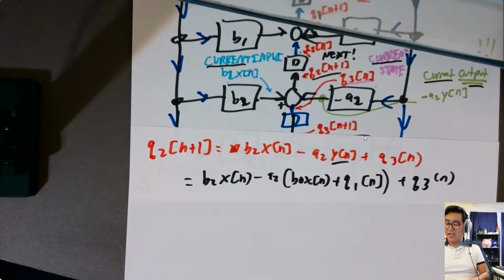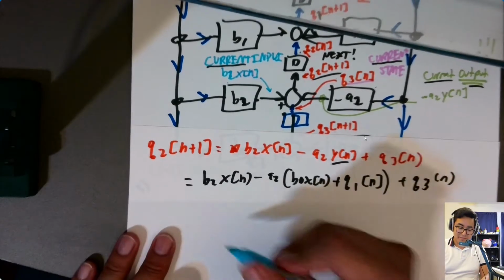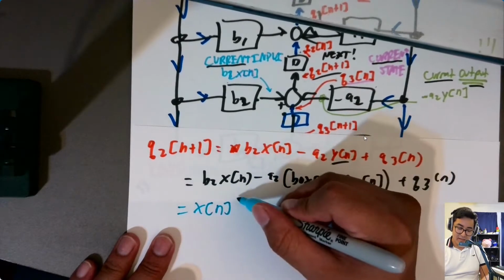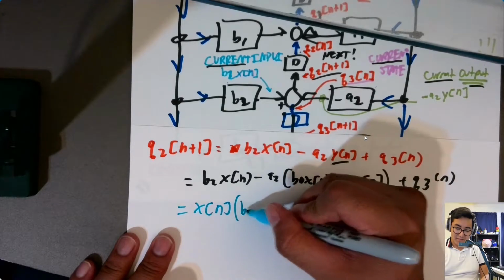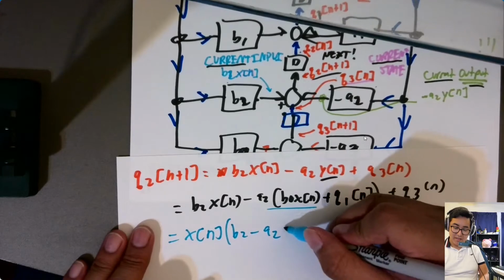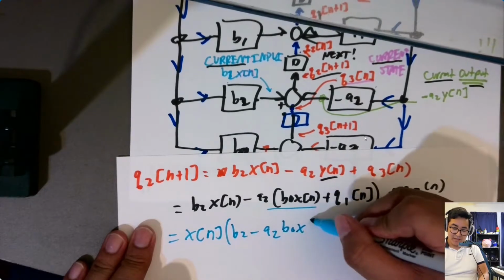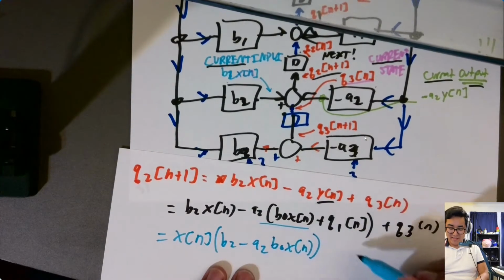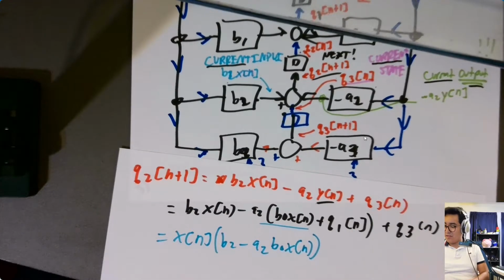Okay? And then combining like terms, we have x of n, big parentheses, b of 2 minus a of 2 b of 0, because we have this term right here, b of 0 x of n. And then you should start seeing a pattern. And then let's draw the other marker.